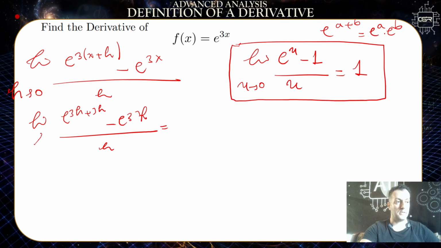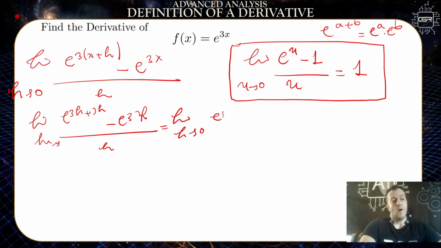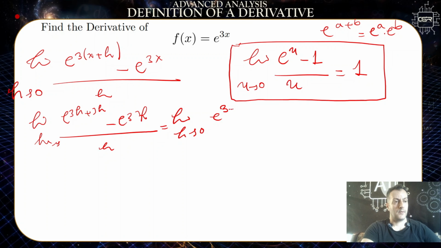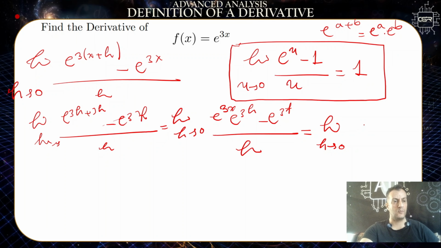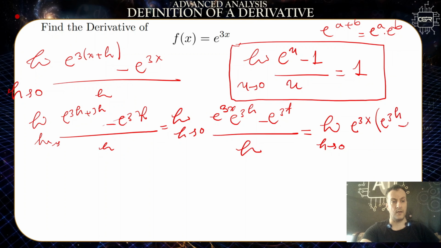Hence, it is the limit as h approaches 0 of e^(3x) times e^(3h) minus e^(3x) divided by h, equal to the limit as h approaches 0, and we can remove e^(3x) as a common multiplier, e^(3x) times (e^(3h) minus 1) divided by h.